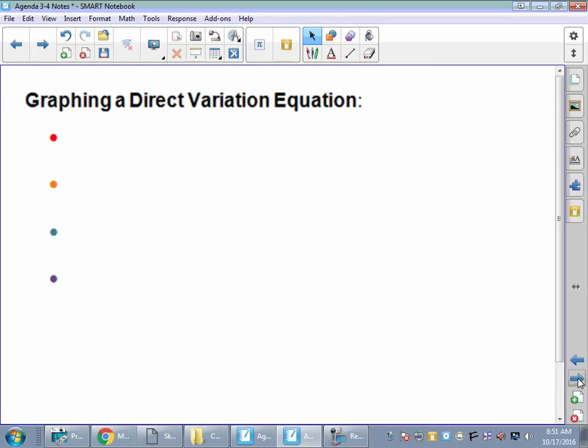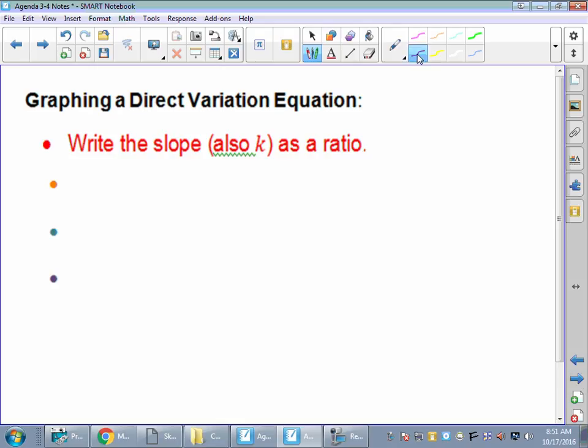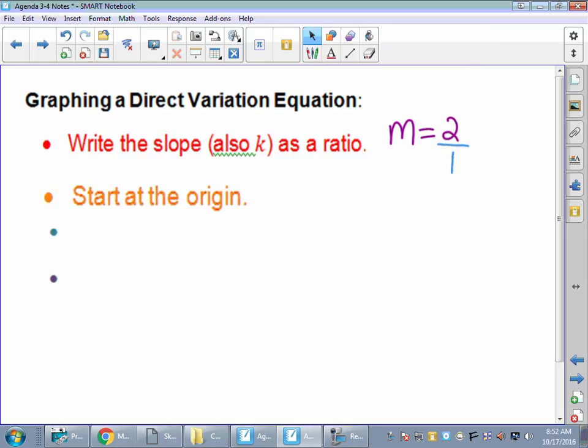So now let's graph a direct variation equation. First of all, let's write the slope, also the k, as a ratio. So in other words, if it's just m equals 2, we know that we can write it as 2 over 1. We need a rise and a run. Always start at the origin. What's the ordered pair for the origin?